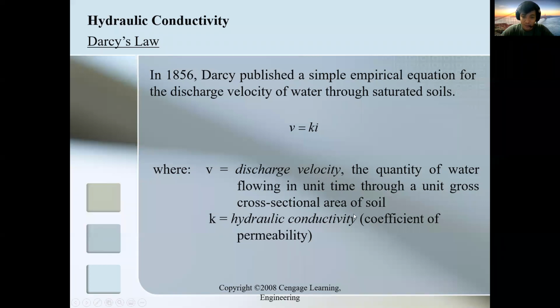Again, this is the coefficient of permeability that we have to determine in your soil specimen. The hydraulic conductivity will vary from soil to soil. And we all know that i is the hydraulic gradient, di ba?